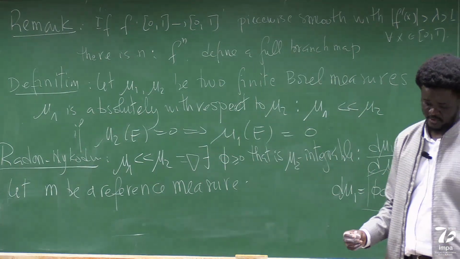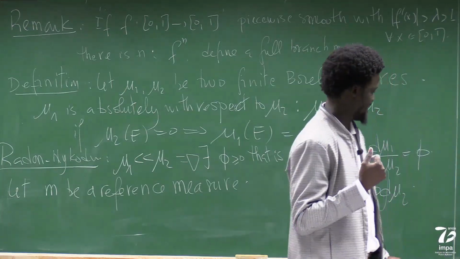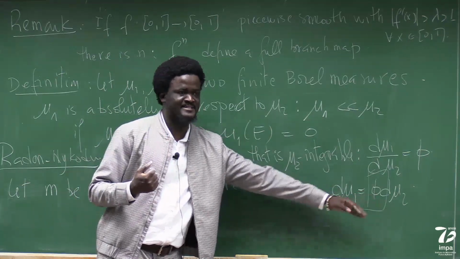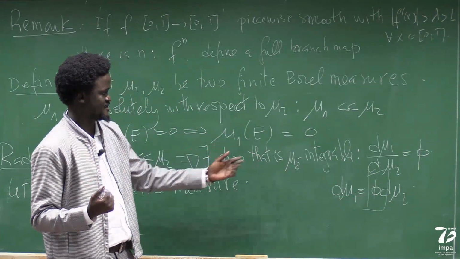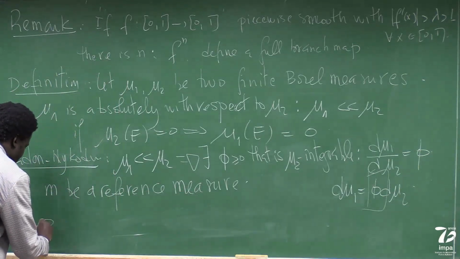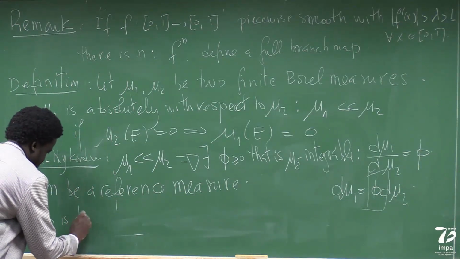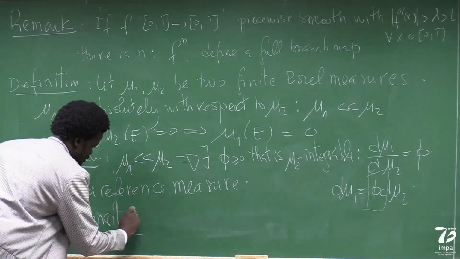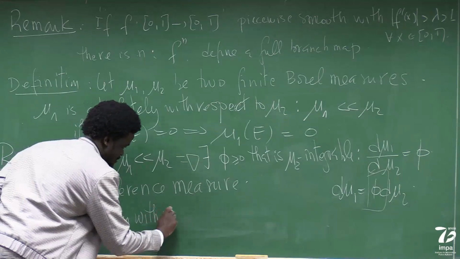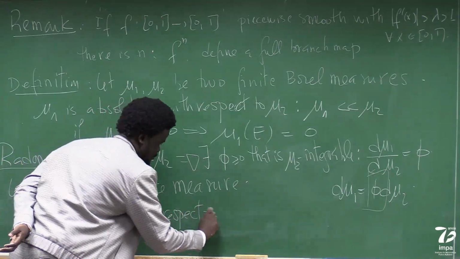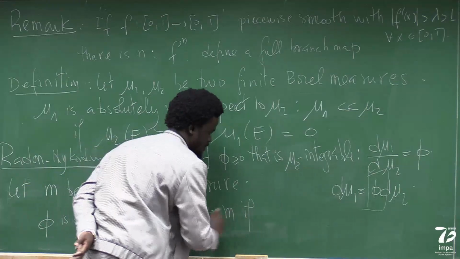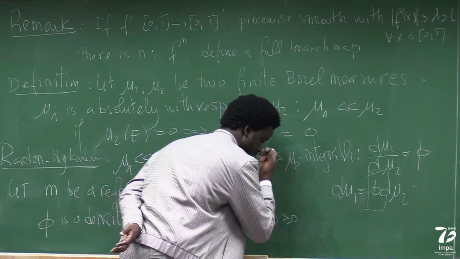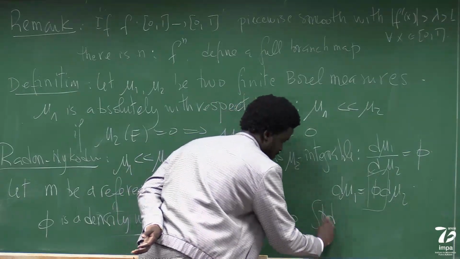Sorry, I'm using the vocabulary density without defining it. φ is a density with respect to m if φ is positive and the integral of φ dm is 1.